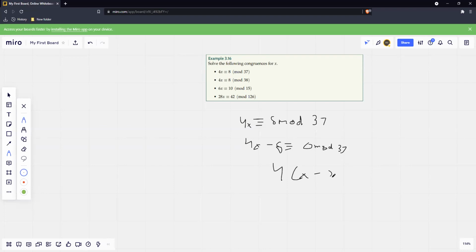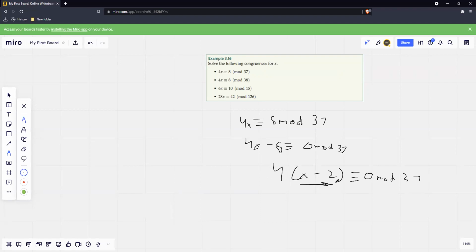Right? And then we can factor this. 4(x minus 2) is congruent to 0 mod 37. And then note that 4 doesn't have anything to do with 37. 4 and 37 are relatively prime. So we could just not care about this.